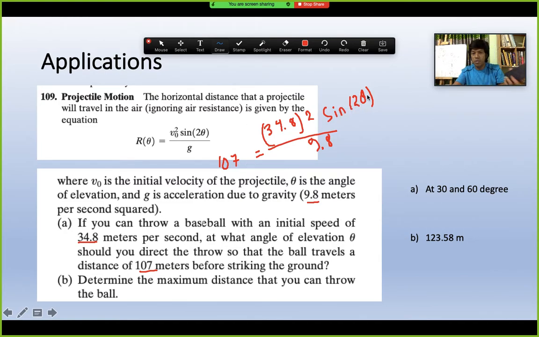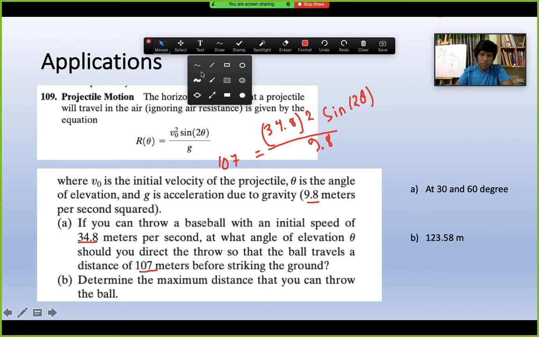Theta we do not know. All of the others we know already. So if you write 34.8 whole squared, you get some number, then divide it by 9.8. Let me write it so that it makes sense a little bit more.